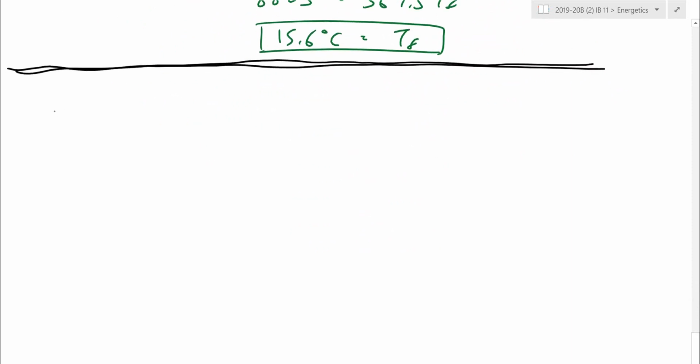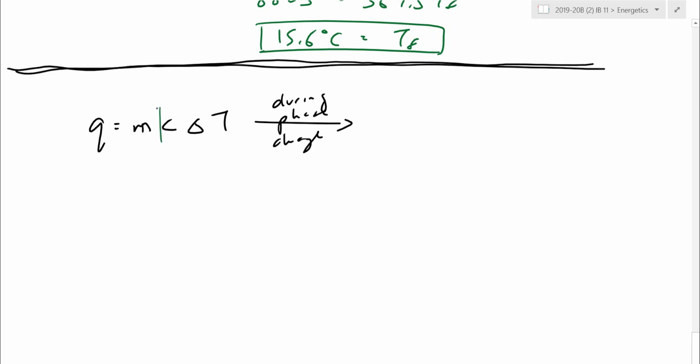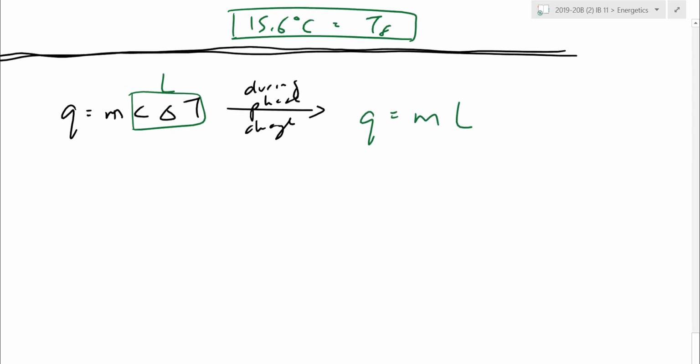So we started off with the formula Q is equal to mc delta T. This works for the questions that we just did because there was no phase change. During a phase change and only at a phase change, we're going to hide this problem at the c delta T, and we're going to hide it in another constant called L. So for a phase change, Q is equal to m times L. This L is usually going to be subscript F or subscript V, and LF stands for the latent heat.